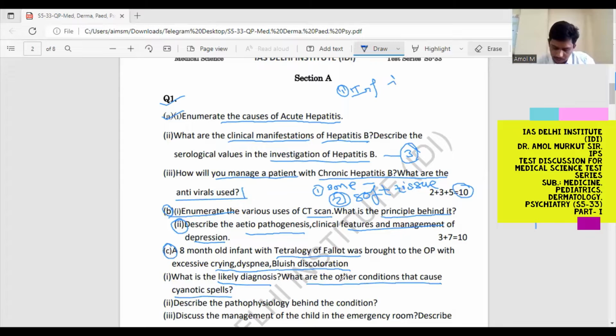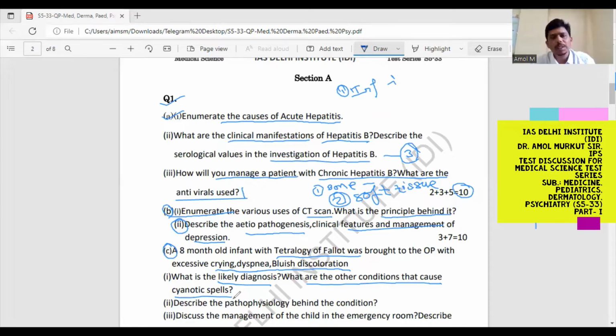What are the other conditions that cause cyanotic spells? Simply write about the other cyanotic heart diseases, nothing else. People are writing respiratory causes and whatnot. Why are you going in that direction?